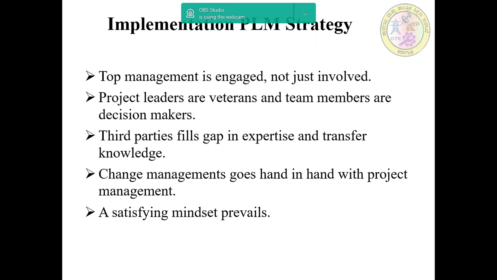Once the organization has made up its mind to implement PLM, the process and practices of the organization need to be re-examined and modified in order to make the system work smoothly without any bottlenecks.